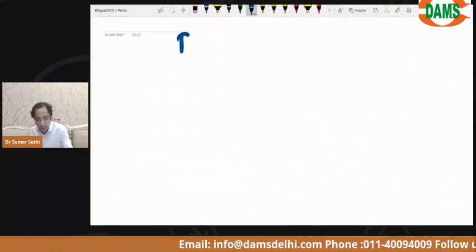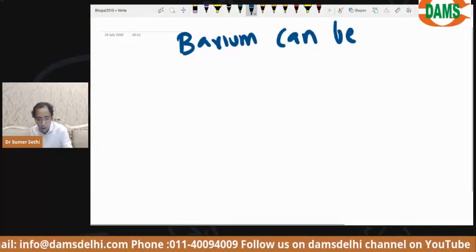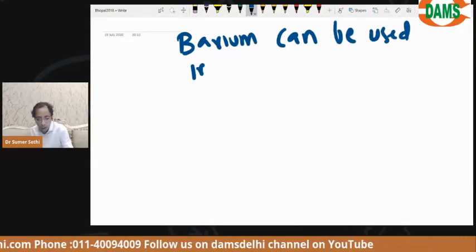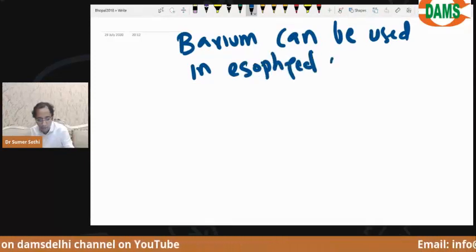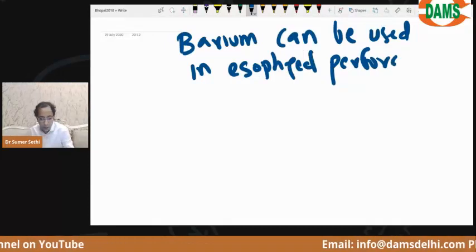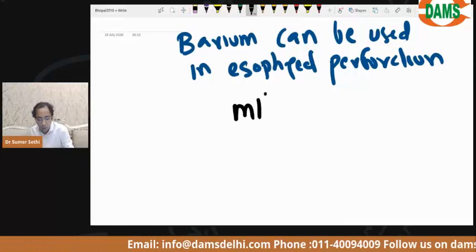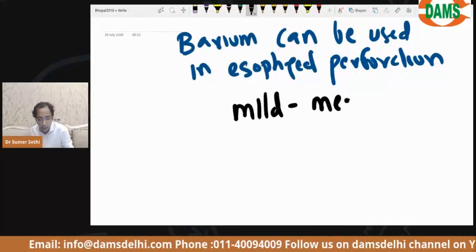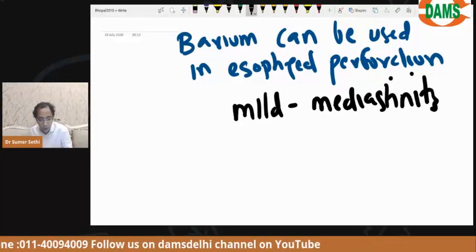And some student has asked, can we use barium in the esophagus? Yes, correct. Barium can also be used in suspected esophageal perforation. If the barium leaks into the mediastinum, it will cause only mild mediastinitis, which is considered clinically safe.